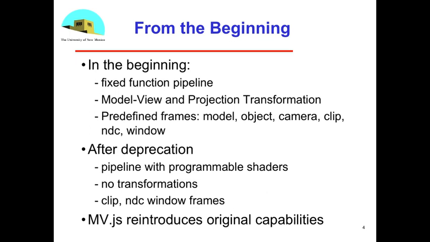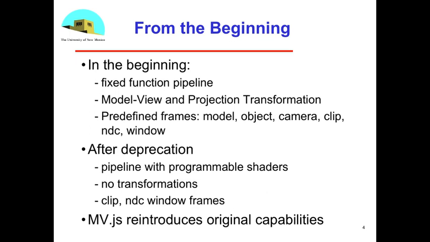Internally, there were some frames that are known, because as we've seen in the simple examples we've done, we've been able to work in clip coordinates because the rasterizer has a fixed box that it does clipping on. That's the box whose principal diagonal goes from (-1, -1, -1) to (1, 1, 1). The output of that is normalized device coordinates that then go off to screen or window coordinates.